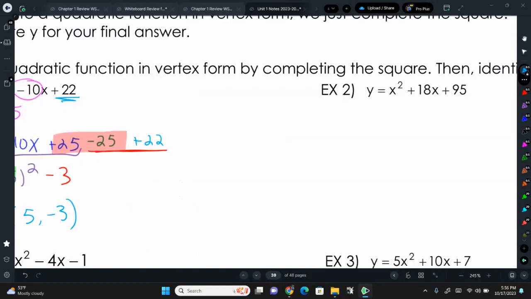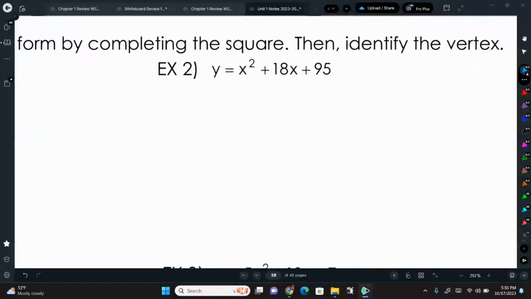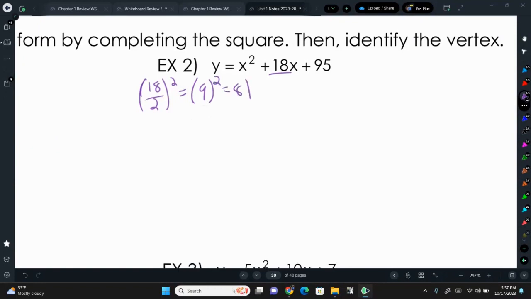So with this next one over here, okay, we're going to do our b value, 18 over 2 squared, which is 9 squared, which is 81. So I'm going to add and subtract 81 from the right side.